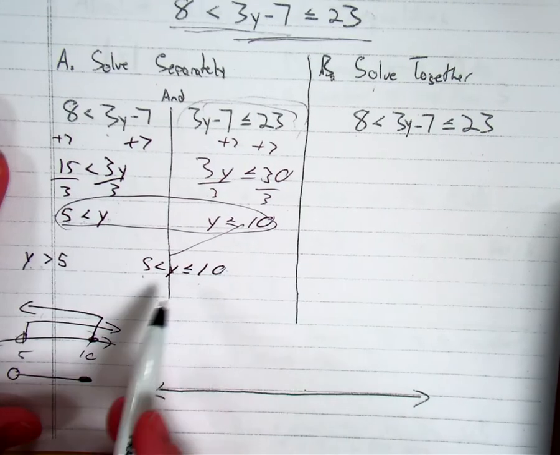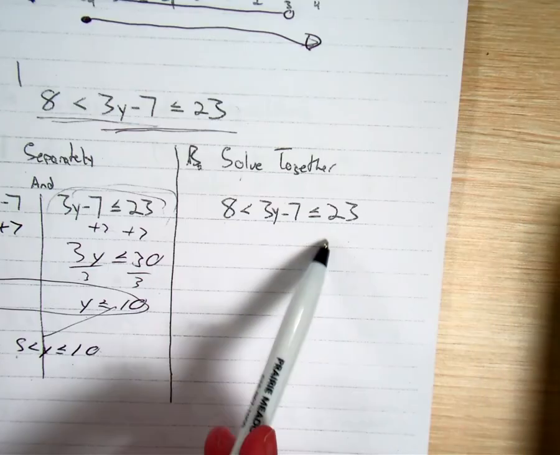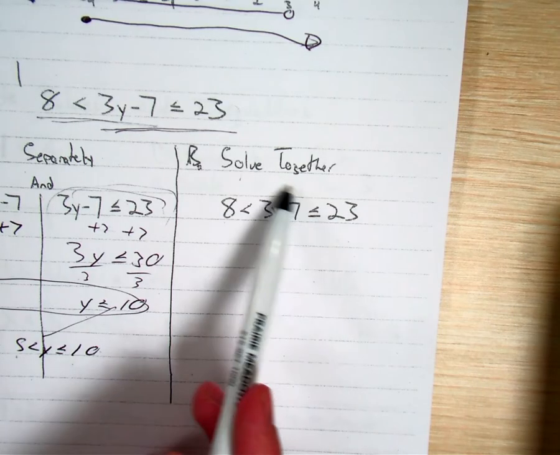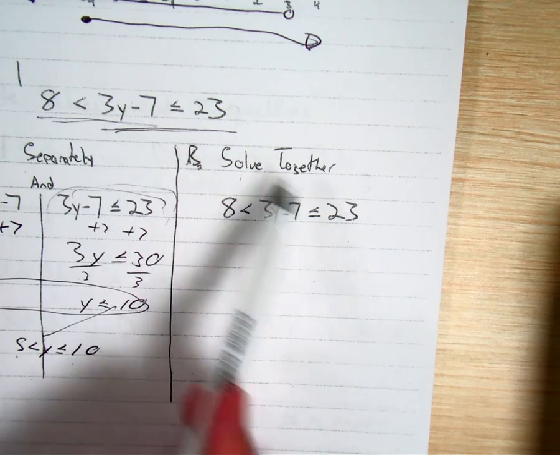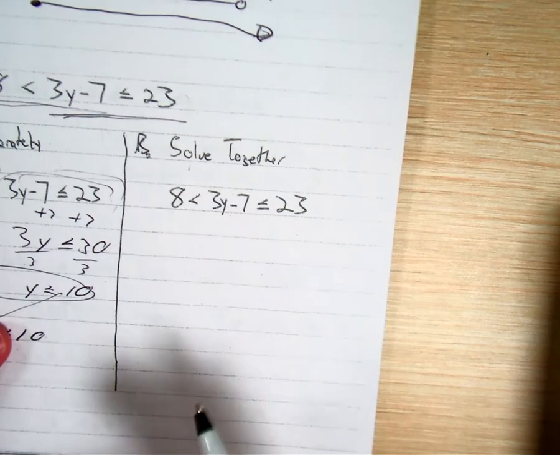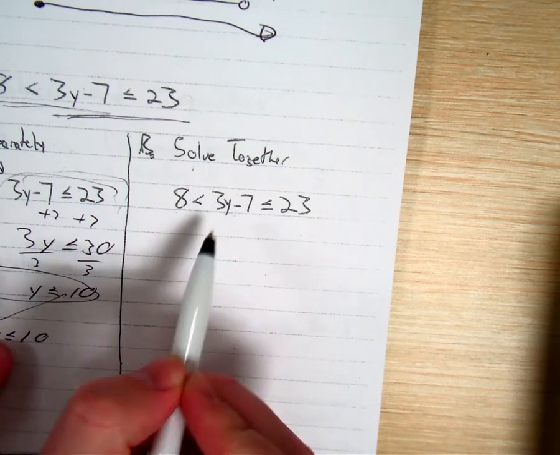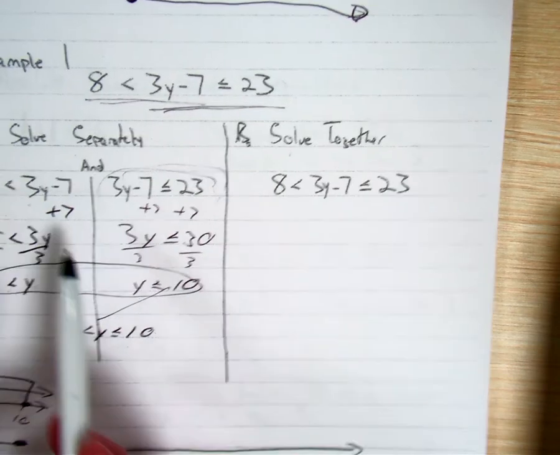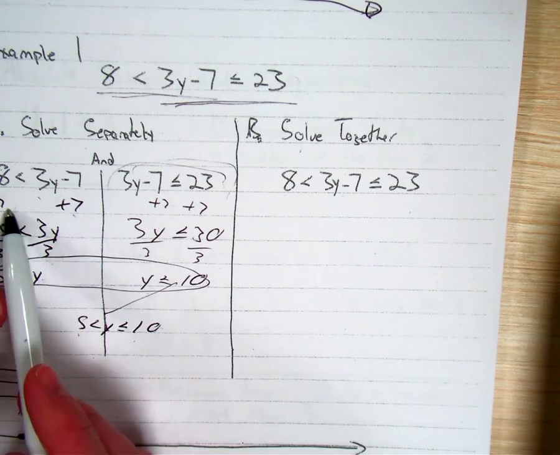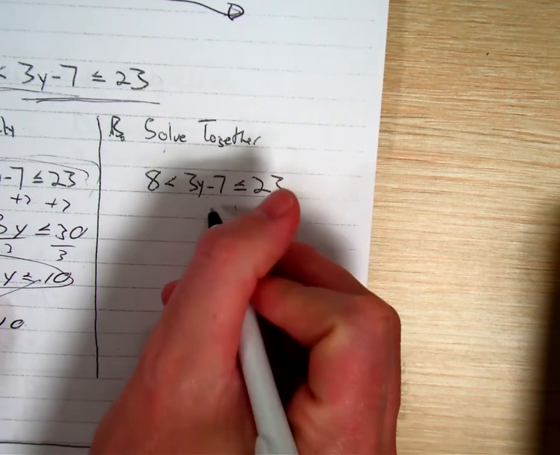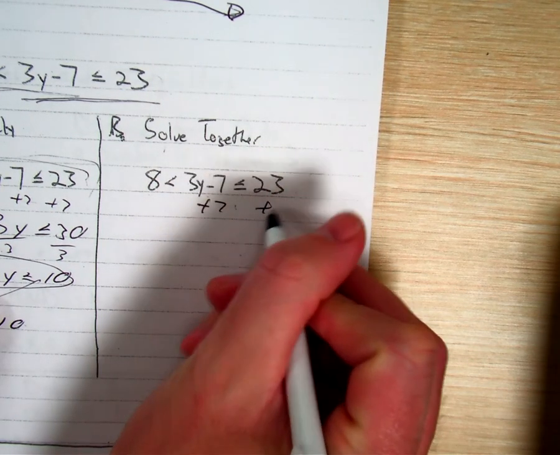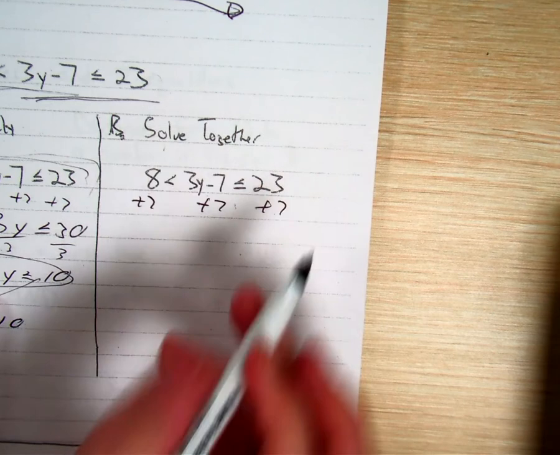Okay? What if we did it together? Alright, we can do them both together for these compound ones that are an "and", when it's all in between. So just like solving an equation, or just like we did over here, whatever you do to one side, you have to do the other, except this time there's 3 sides and not just 2. So now when I add 7, I have to add 7 to 3 parts.